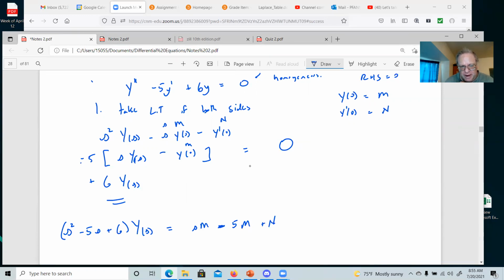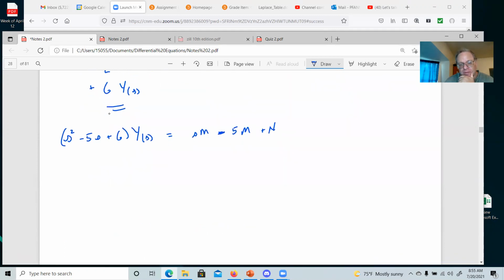Minus times a minus gives me a plus, and when I shove it to the other side, it turns back to a minus. Then we said Y(s) is equal to s m plus n minus 5m, all over s squared minus 5s plus 6, which we could factor.